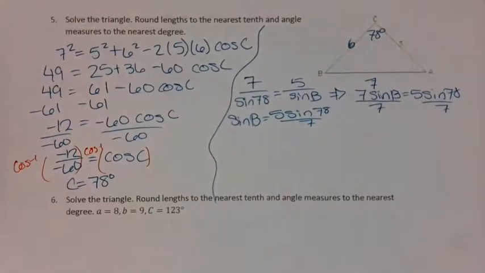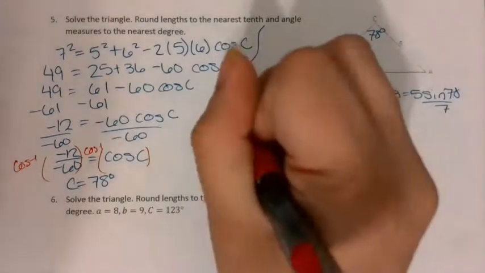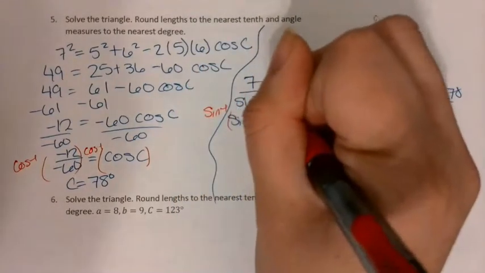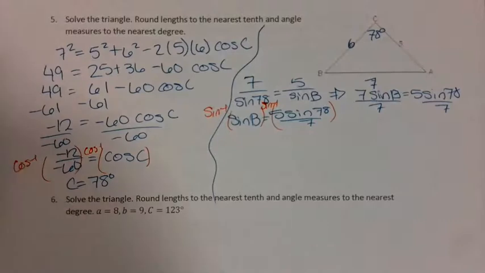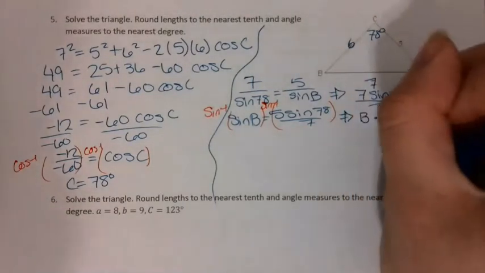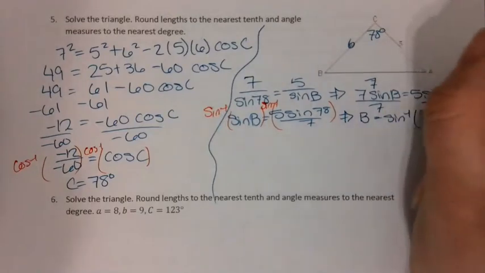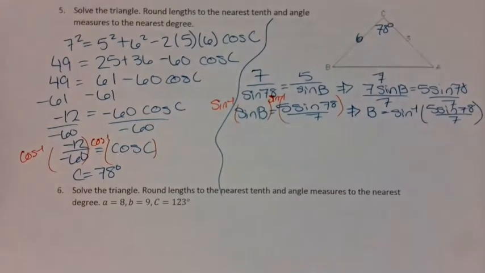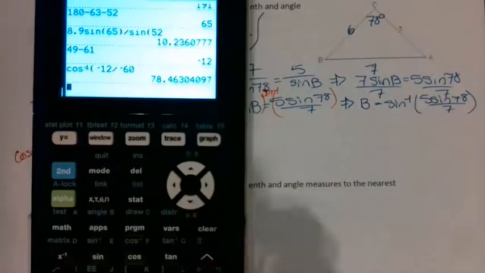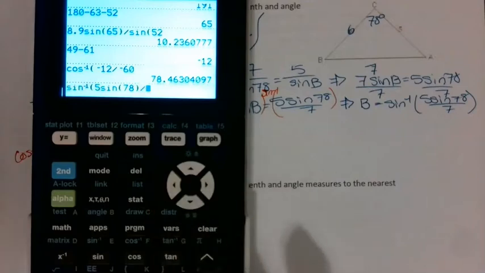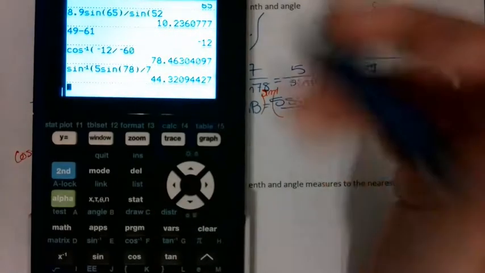Then I need to find the sine inverse. This gets me B equals sine inverse of 5 sine 78 over 7, which gives me 44 degrees.